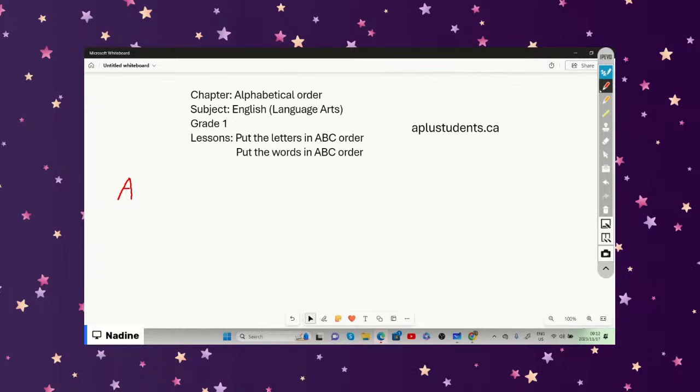That is the letter we start with because that is the very first letter in the alphabet. Then we have B, right? Another way we can say it is B.